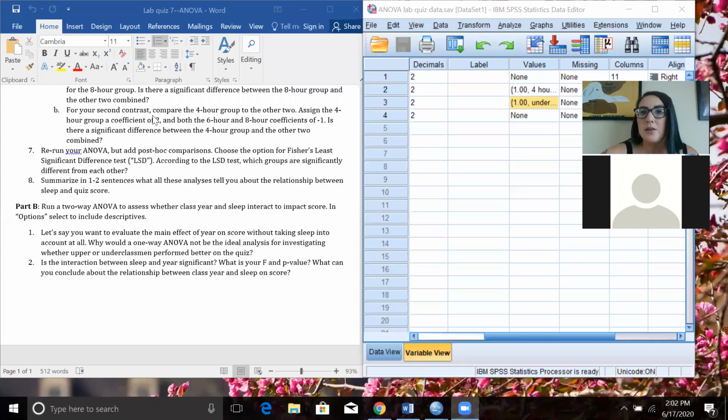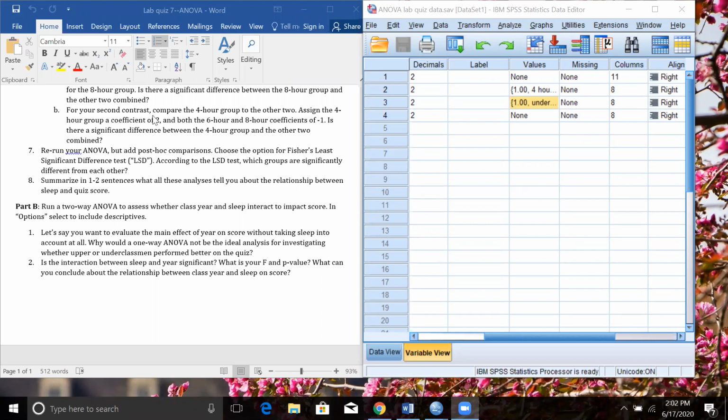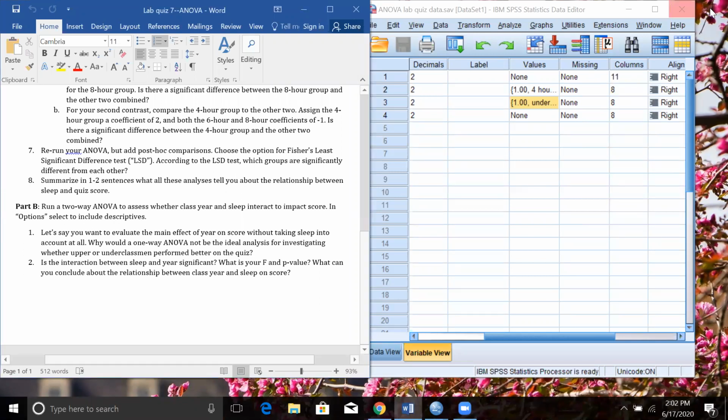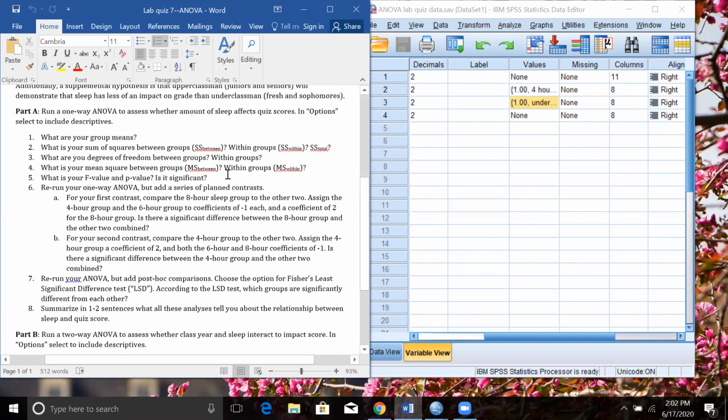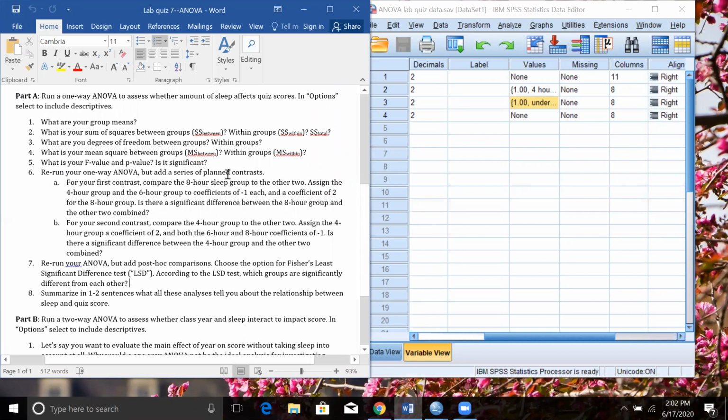All right, guys. So for our ANOVA lab quiz, essentially the difference between when you would run a t-test versus when you run an ANOVA is that ANOVA is more appropriate for more complex sorts of data sets that have multiple independent variables or multiple levels for your independent variables.